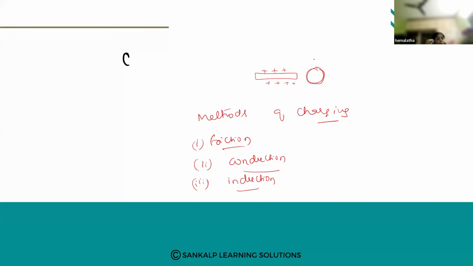The glass rod was not charged, but when you rub it with some material, silk or wool, then it becomes charged. So this charged one, we have to bring near the uncharged particle. The metal disc is there, but it is not charged. No charge at all.